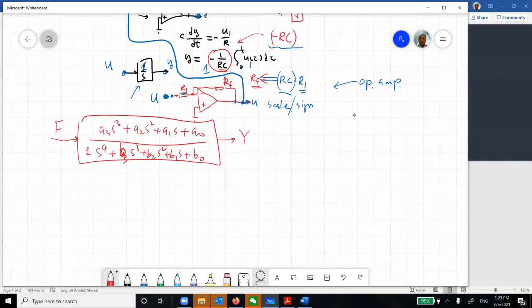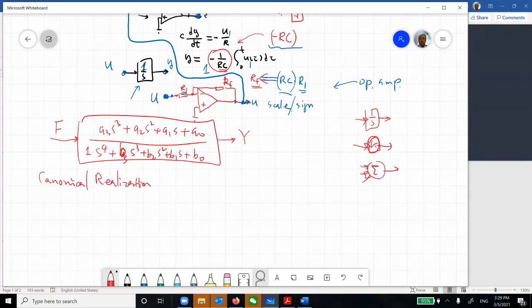How can we use 3 things? That is the 1 over S block, a K block, as well as the sigma block, the summation block. To do this systematically, we are going to focus on canonical realization.